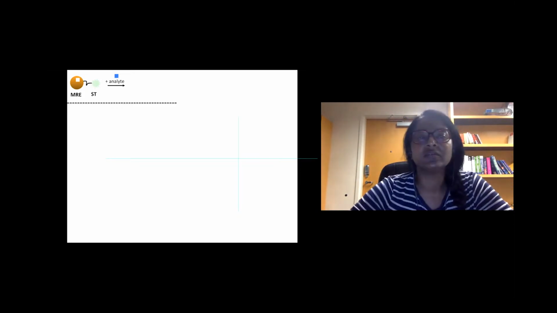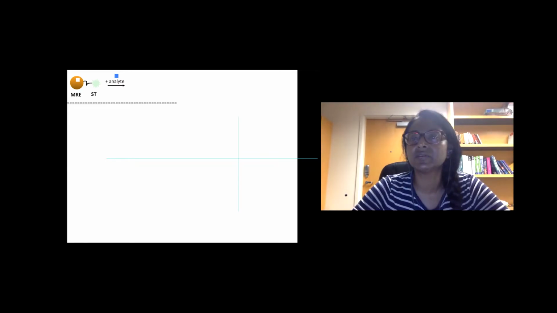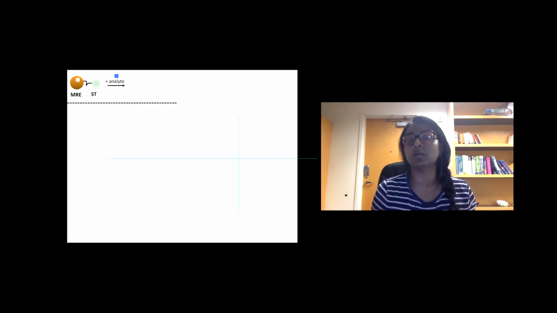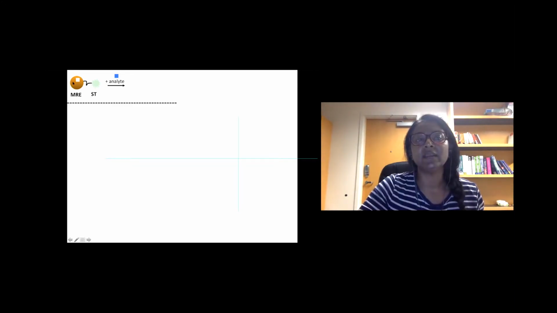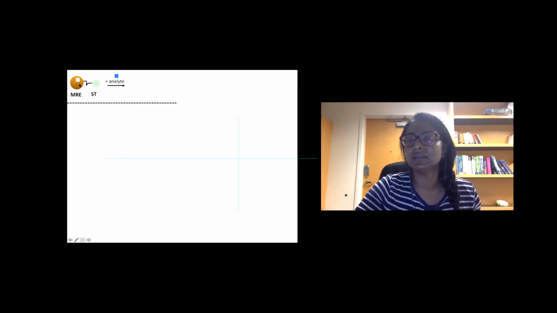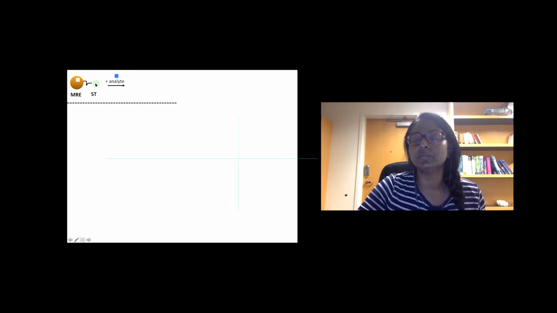Now, how do biosensors work? In general, there are some things that they require. They need a molecular recognition entity and something that's going to help you present a signal, right?